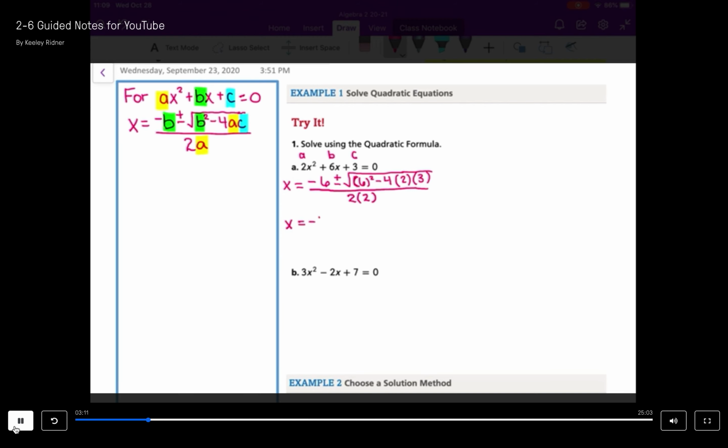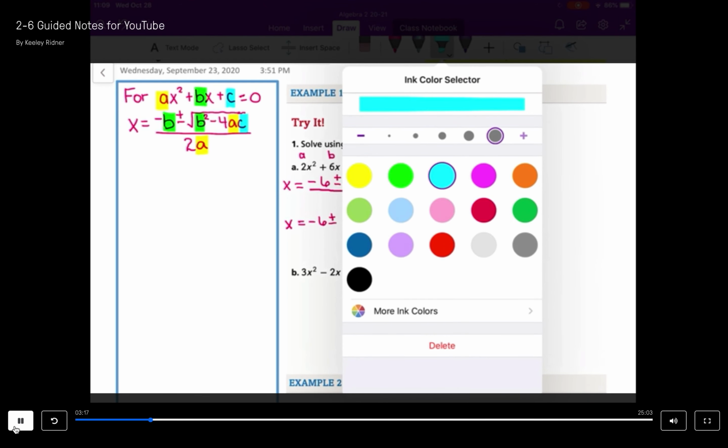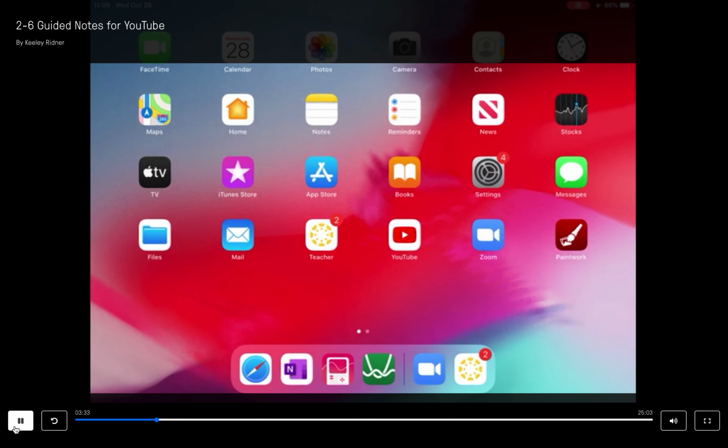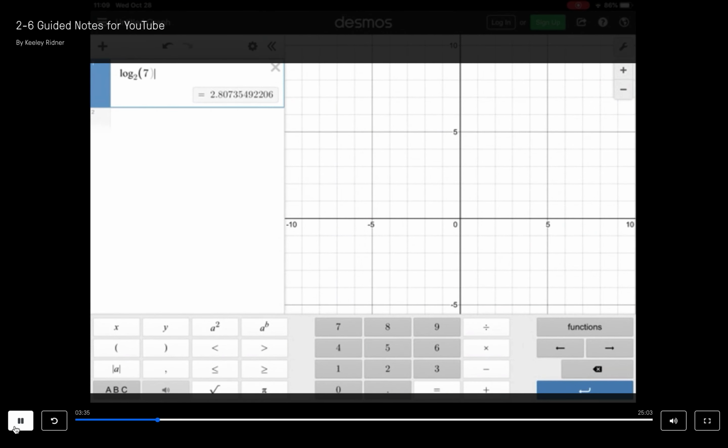My next step is to put this entire part right here, no square root, in my calculator to figure out what that is. If you're really good at mental math, you don't even need your calculator. But for the rest of us, we're going to put 6 squared minus 4 times 2 times 3.